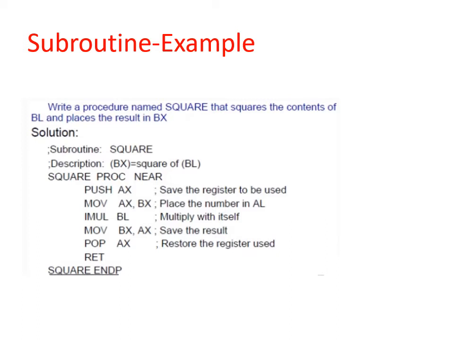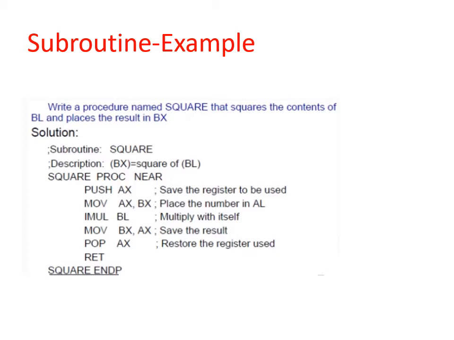As you can see, the first statement is square PROC near. Square is the name of the procedure, and in order to indicate that it is a procedure, it is followed by a keyword called PROC. And then there is a near command.